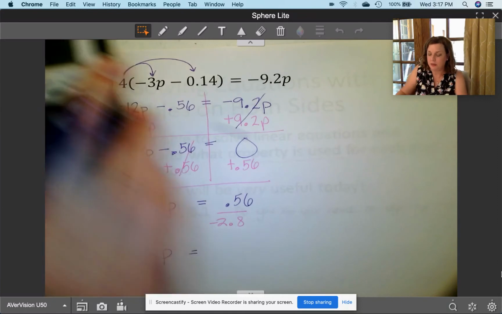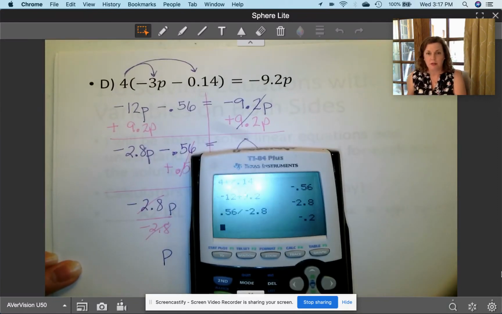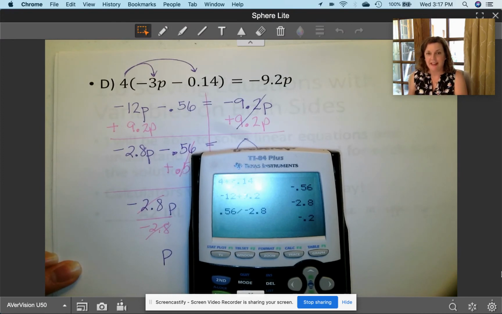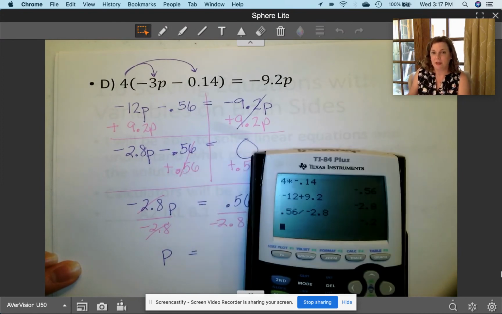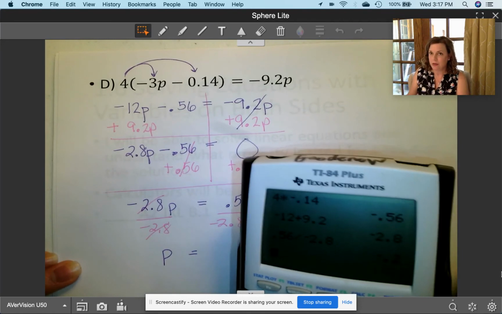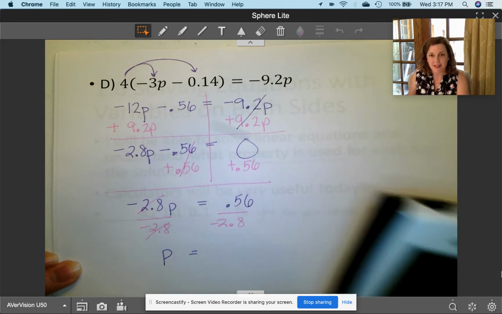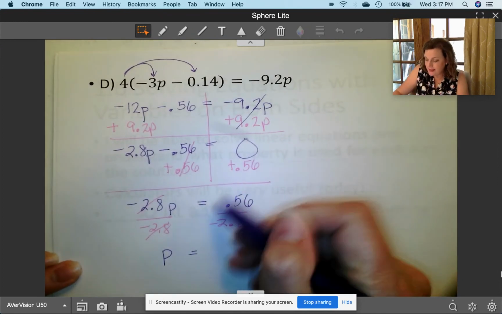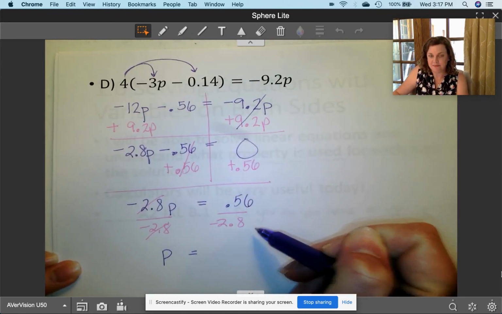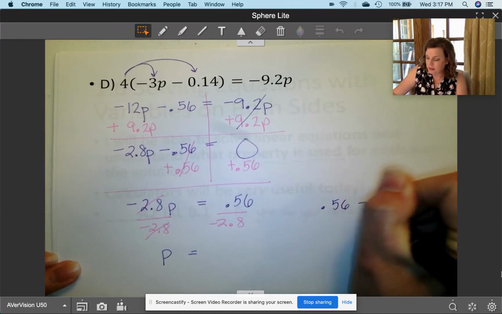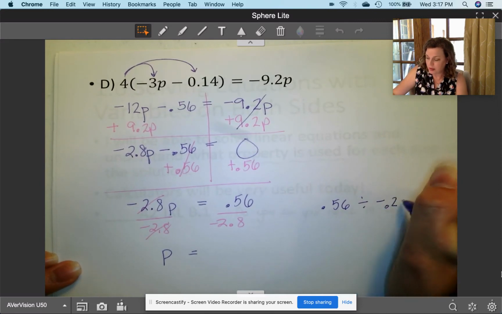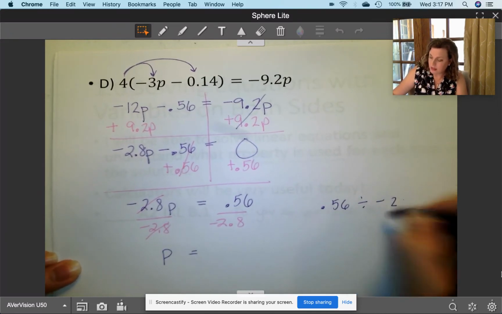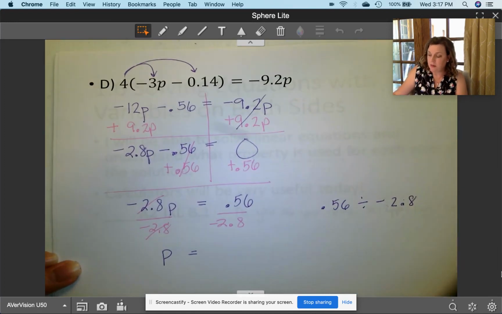And again, I did use my calculator. Don't be ashamed. You're allowed to use a calculator. In life, we use calculators, okay? And I get negative 0.2. It's also important that you do use your calculator so you know how to use it properly. I have had so many students who don't know how to put this in their calculator. 0.56 divided by negative 2.8.